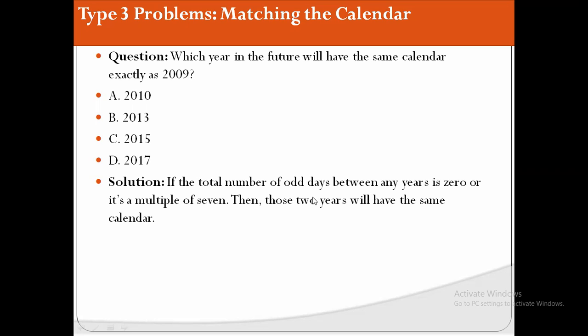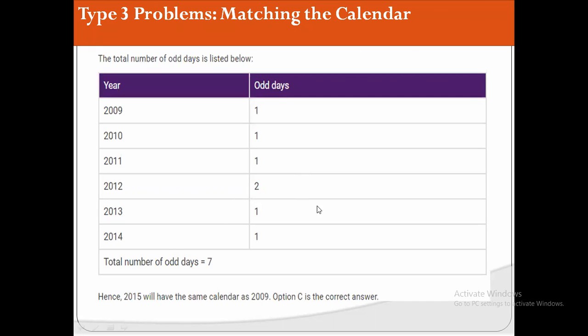So for example, if we see this chart here, 2009 is not a leap year, so one odd day. We started with 2009, right? So 2010 again has one odd day, 2011 one odd day, and 2012 two odd days. So 1 plus 1 is 2. It is not divisible by 7 or a multiple of 7.